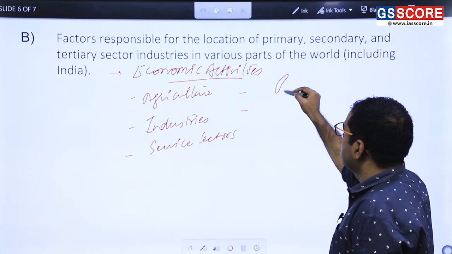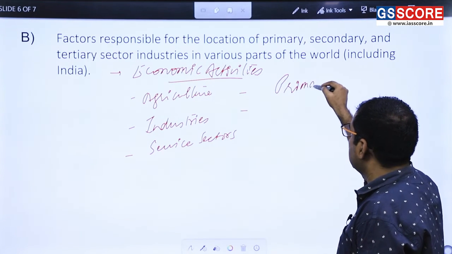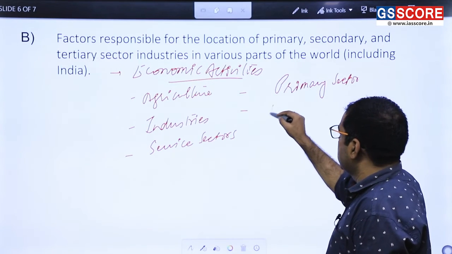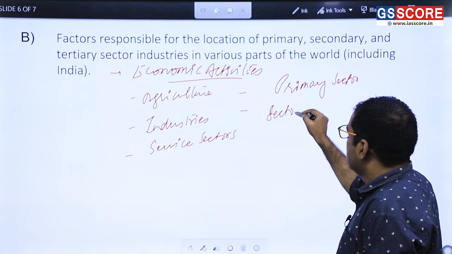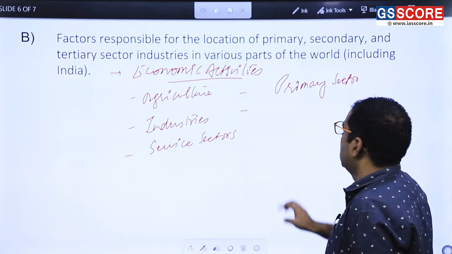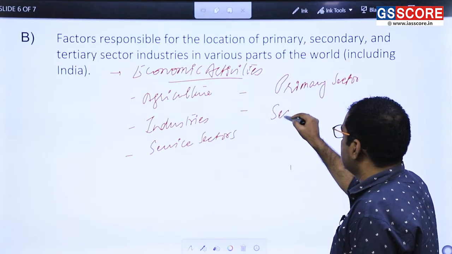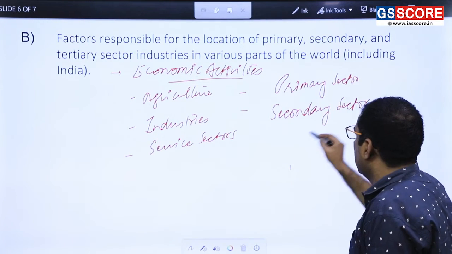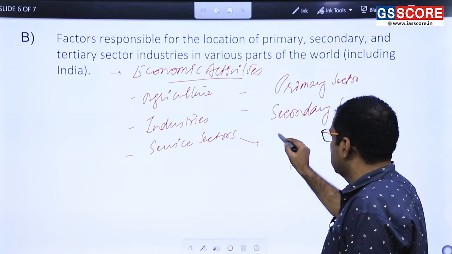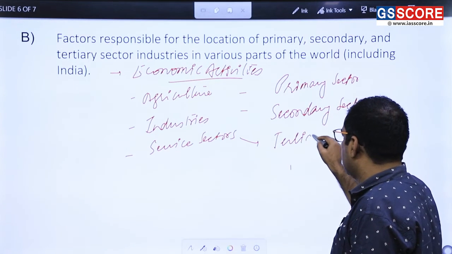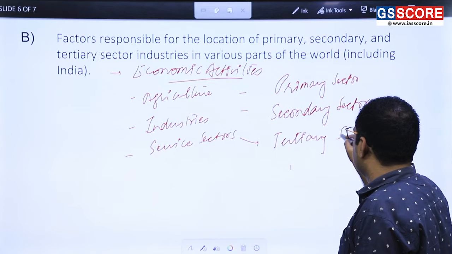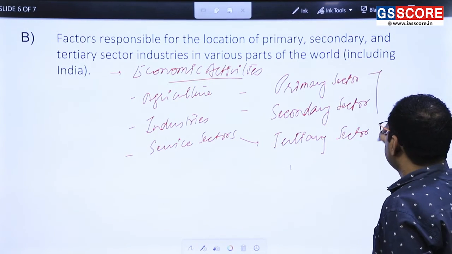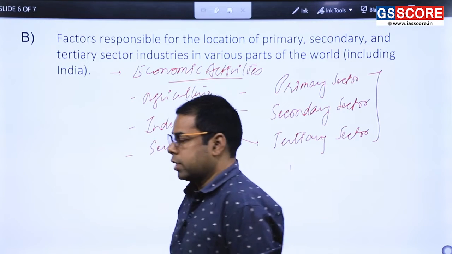Agriculture we include in the primary sector, industries we include in the secondary sector, and the service sector we include in the tertiary sector, right? So these are the three sectors included in that.